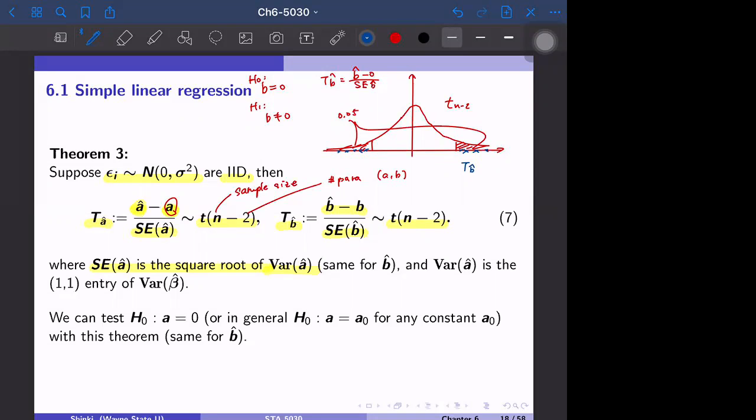Otherwise, we accept the null hypothesis, I mean, we do not reject it. This is the rejection region, and also this is a rejection region. The boundary is not included in the rejection region. This is how to test a hypothesis such as B equal to 0, or even B equal to 1, and so on.